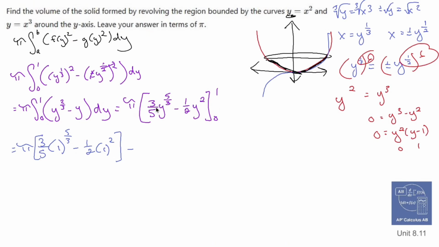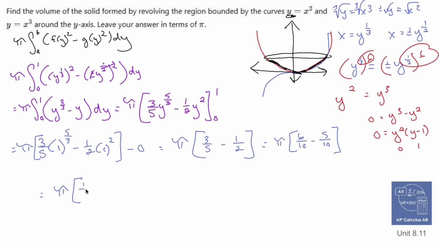If I plug in 0, you become 0. 0 minus 0 times pi is 0, so that makes life easy. You become pi times 3/5 minus 1/2. Multiply by 2 over 2 and 5 over 5: pi times 6/10 minus 5/10, and you end up with pi times 1/10, which is pi over 10.